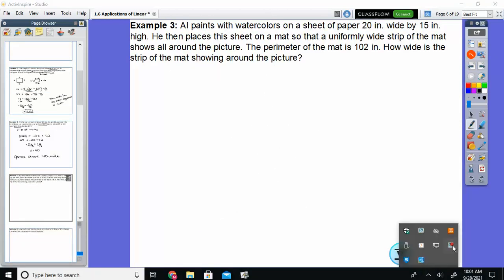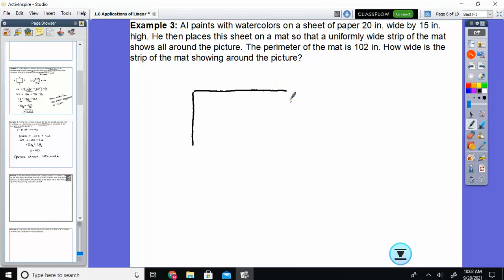I want you to read this one and see if you can draw a picture. So Al paints with watercolors on a sheet of paper 20 inches wide by 15 inches high. So pretty much everybody had a rectangle on their paper, and it is 20 by 15. He then places this sheet on a mat so that a uniformly wide strip of the mat shows all around the picture.